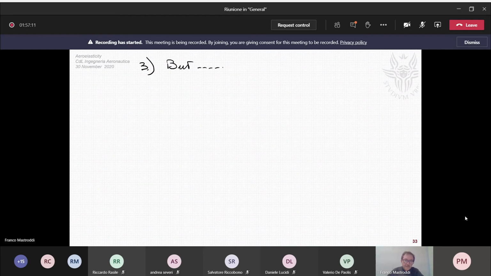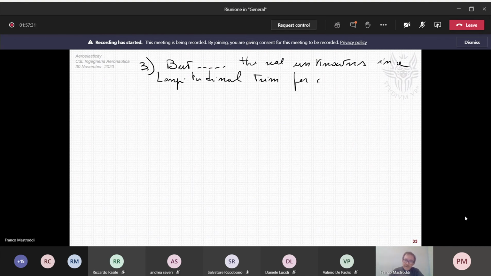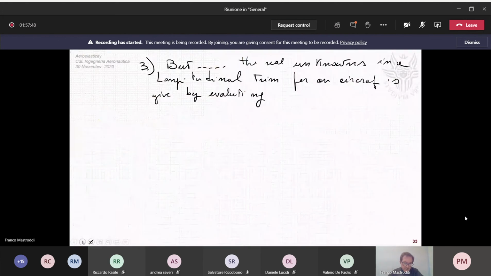The real unknowns in a longitudinal trim problem for an aircraft are given by evaluating the angle of attack, alpha, and also the aileron angle, the control surface of the wing tail, delta.